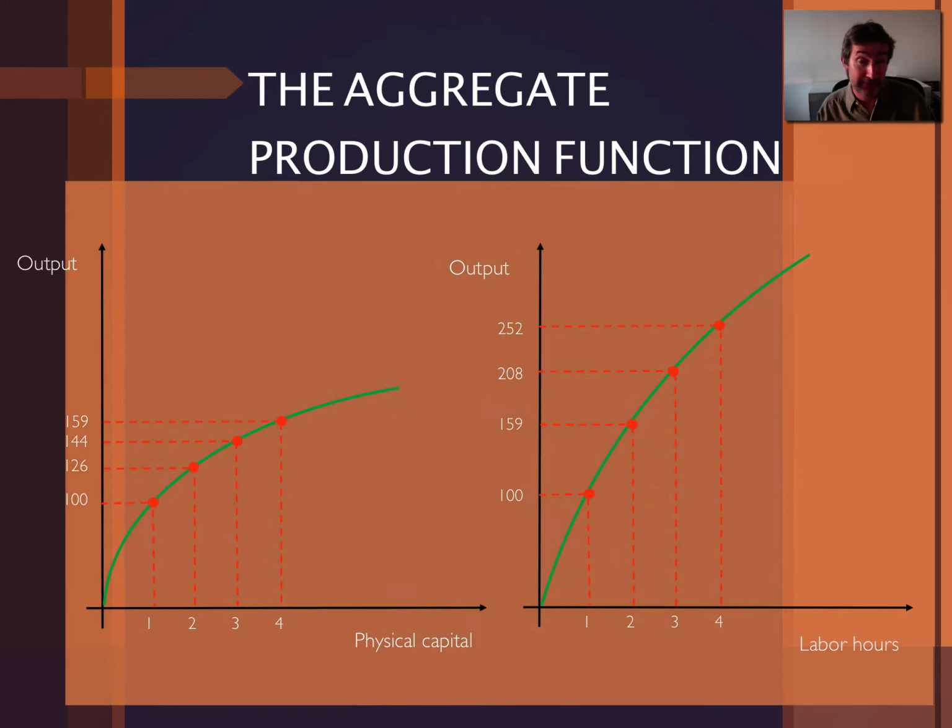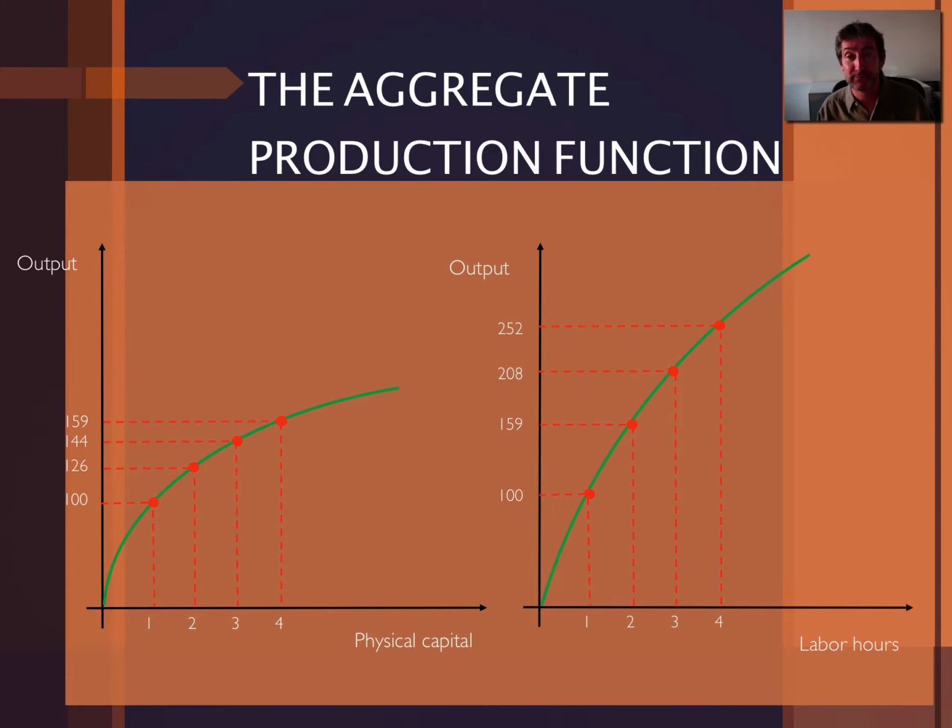One feature of the aggregate production function that we think is realistic is that, particularly when we think about physical capital and labor hours, the production function is going to display diminishing marginal product. What we mean by that is that if, for example, we hold everything else fixed but add more and more physical capital to the production process, we will get more output but at a diminishing rate.